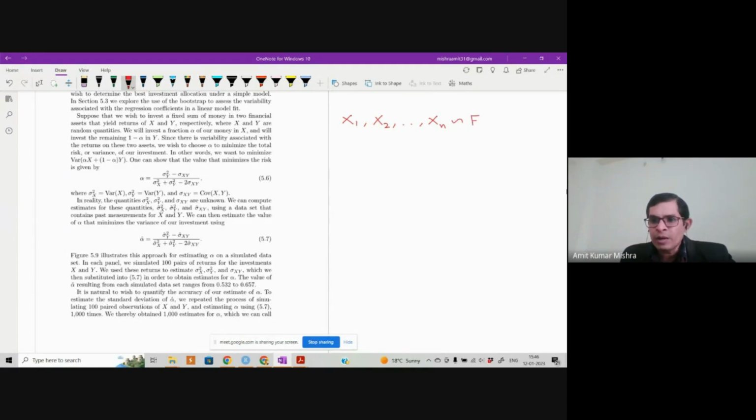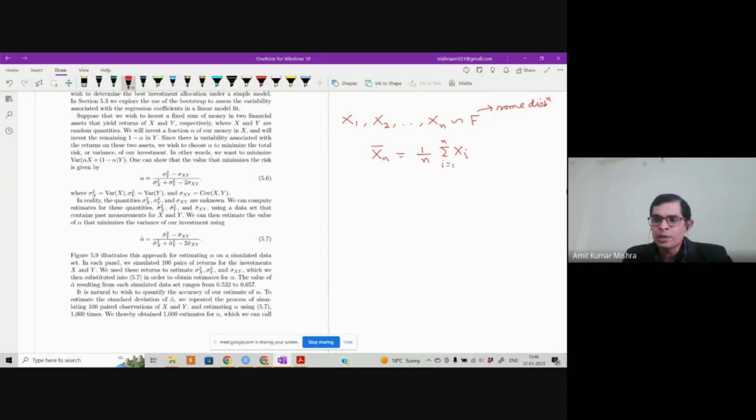If I am getting data x1, x2, ..., xn, real data from some distribution, and then you find x n bar, which is of course 1 upon n summation of xi, i ranges from 1 to n.